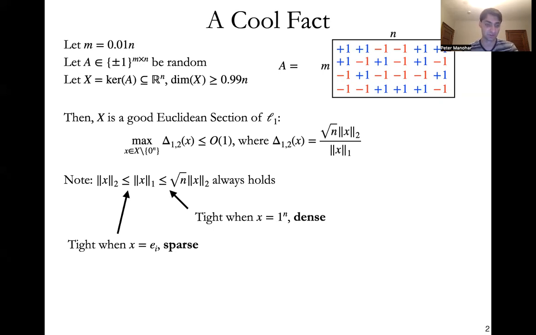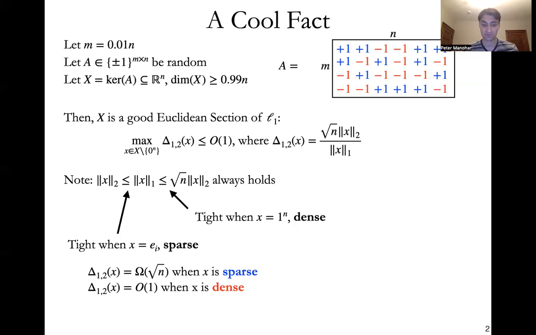That is when x is sparse, or the L2 mass of x is concentrated on a small number of its coordinates. When we return to distortion here, this says that the distortion of x will be like square root n when x is sparse, and will be constant when x is dense. And the distortion is always between 1 and square root n, also by this inequality.